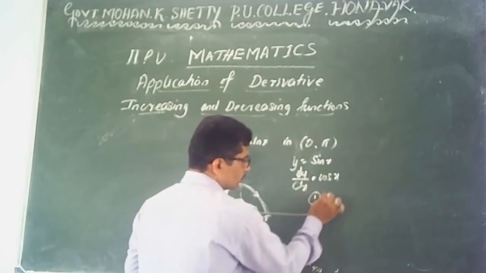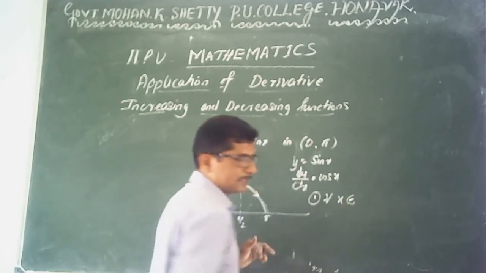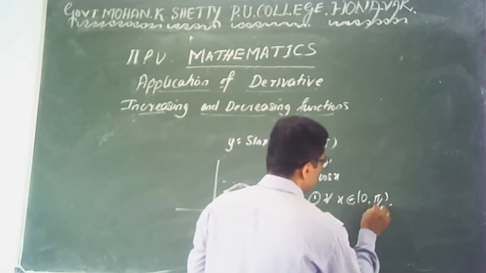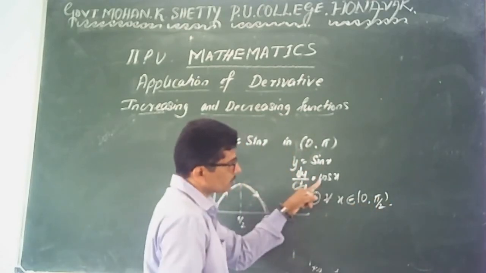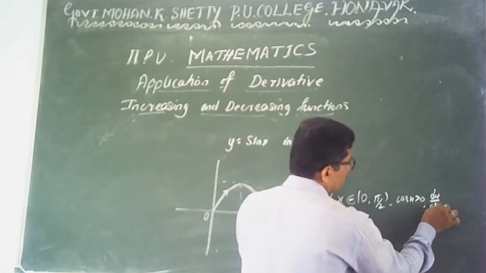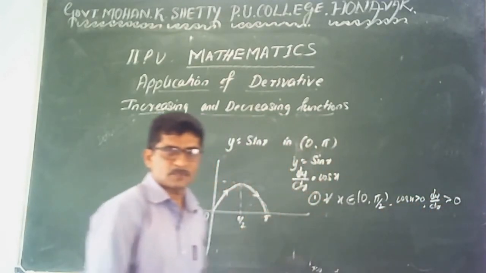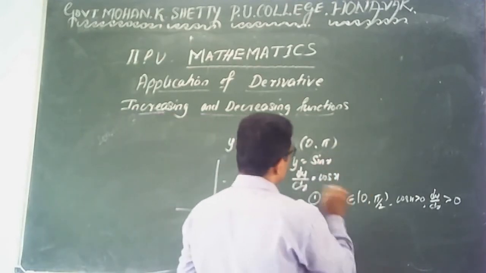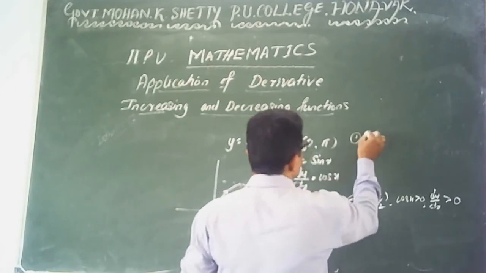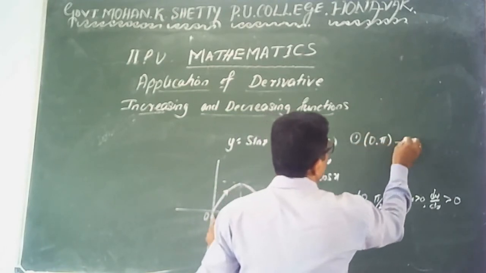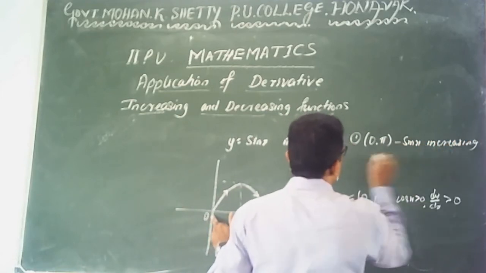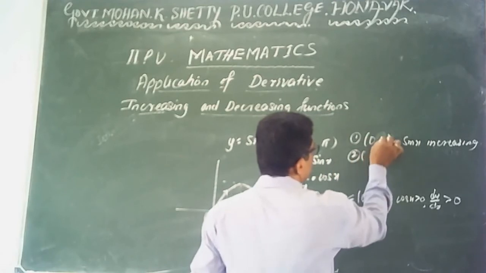In the first case, you know that for each x belongs to the interval 0 to pi by 2, the value lies in the first quadrant. In the first quadrant, cos x is always positive. It means dy upon dx is positive. Is it clear? Therefore, this function sin x is increasing in 0 to pi by 2.